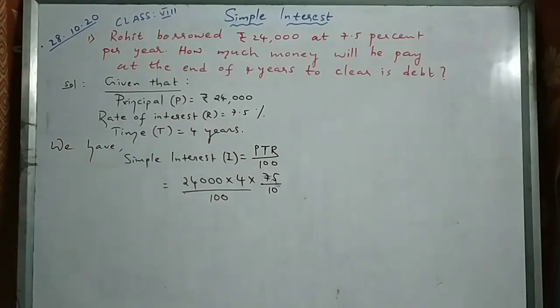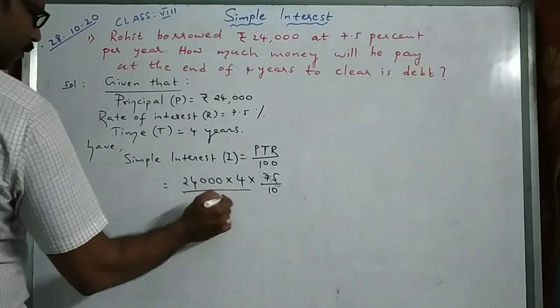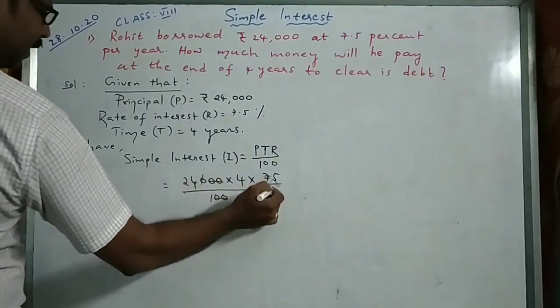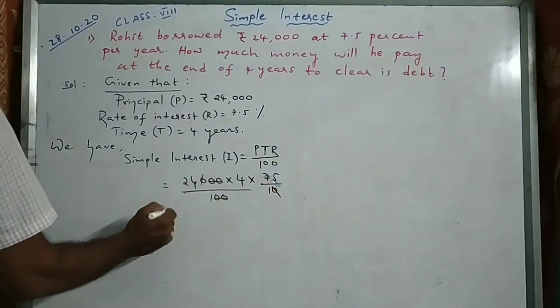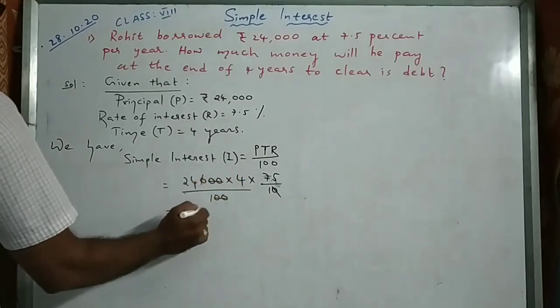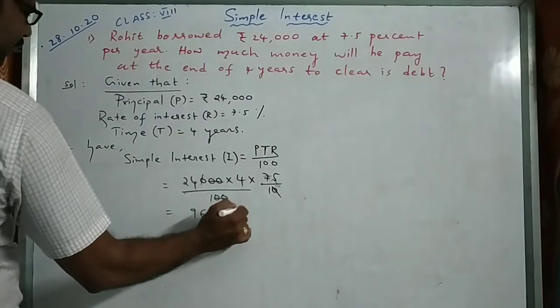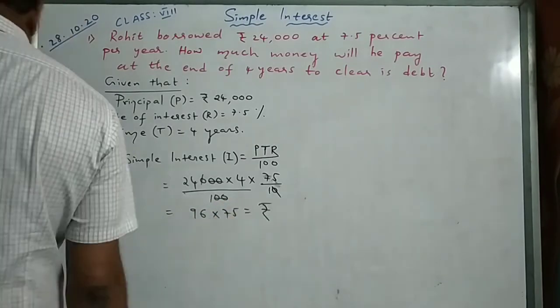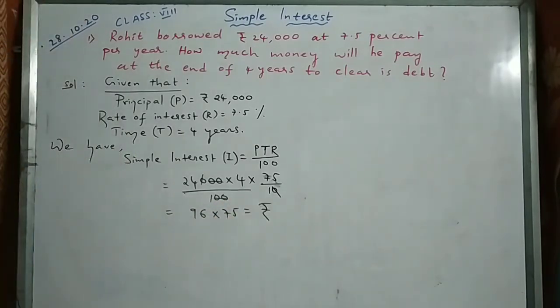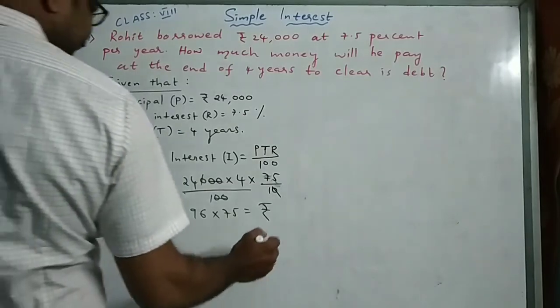Since it is in the decimal form, I can write by 10. 2 zeros cancel, 1 zero here cancel. Okay. So remaining 24 fours are 96 into 75. So what is the multiplication there? 7,200.